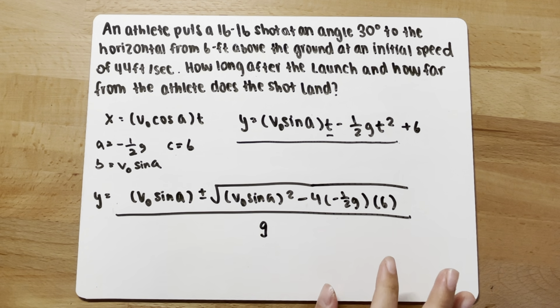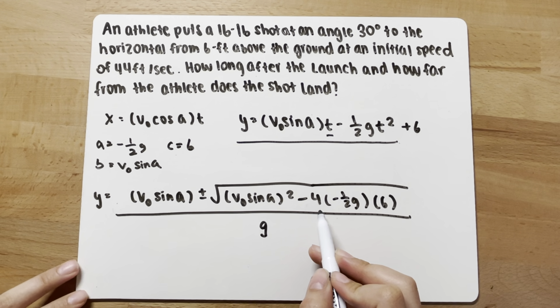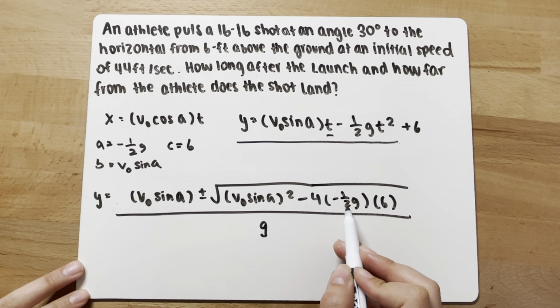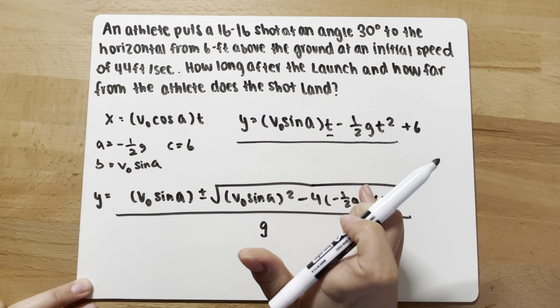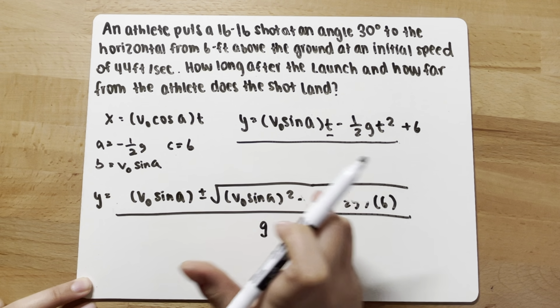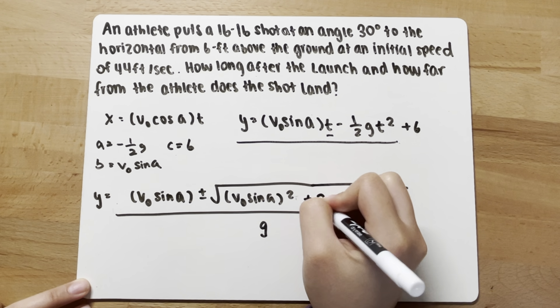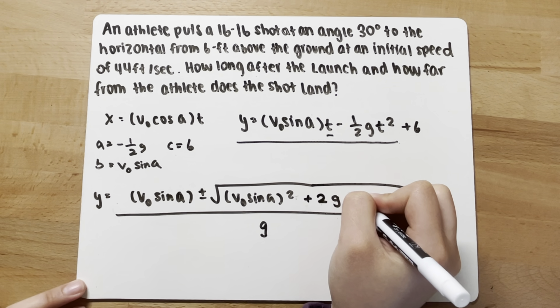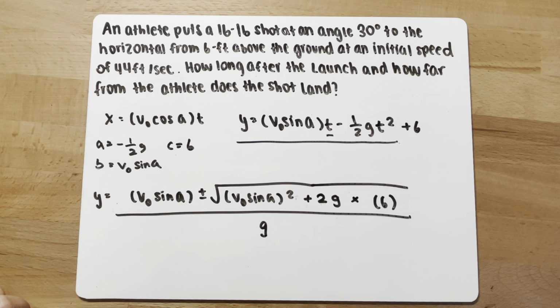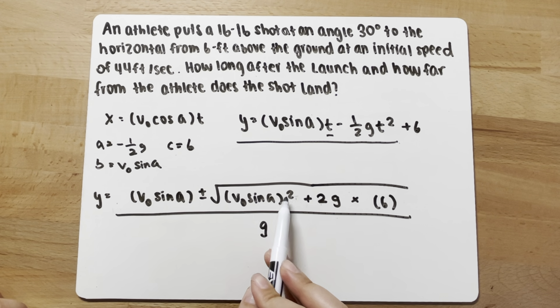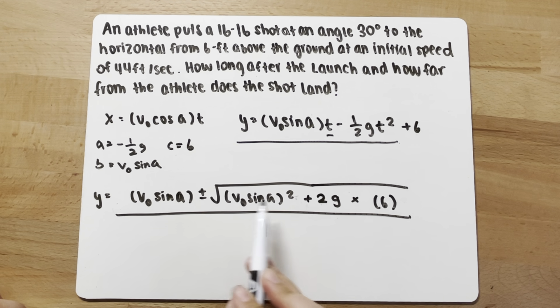Now, what next? Can we simplify? Negative 4 times negative 1/2 would simply be 2, so you have 2g right here. What next? Now, you need to distribute the exponent 2 for the initial velocity and for sine angle, okay?